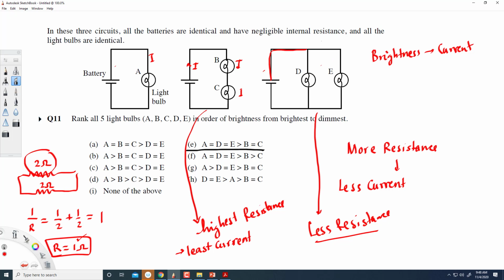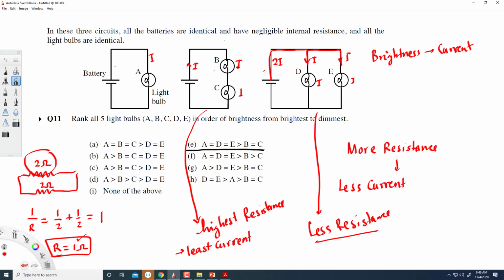Because there is half as much resistance in this, there will be twice as much current. Less the resistance, more is the current. So I have 2I, and we have two paths for this current to flow, and half of that current will go through this and half through this. So each bulb will get I and I.